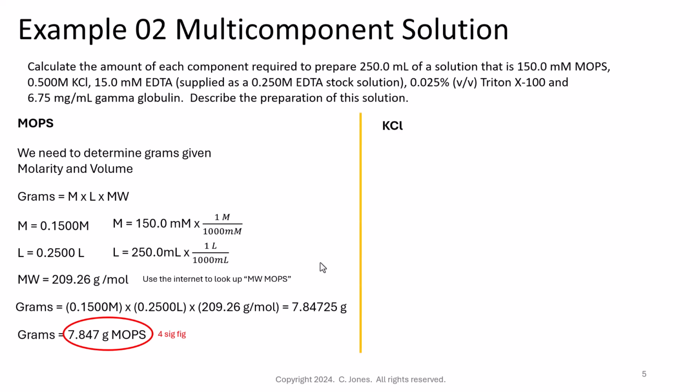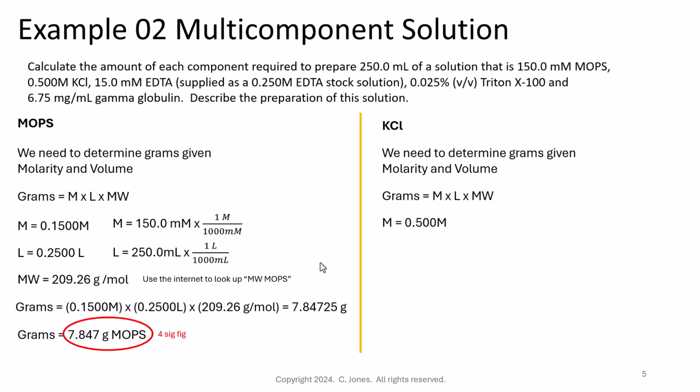Here, for KCl, we have a volume and a molarity, so we're going to need to determine the number of grams of KCl. Same formula as before: grams is equal to molarity times liters times molecular weight. Again, we need to identify the numerical value for each component and see if we need to do any conversions to get them into the proper units.